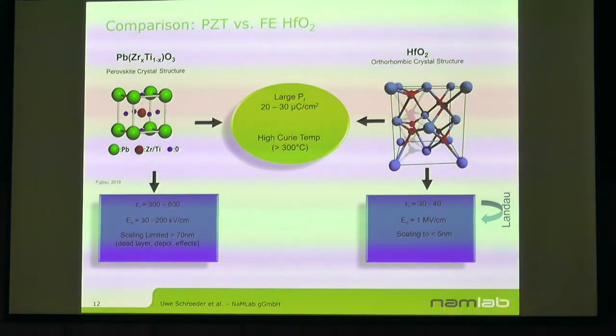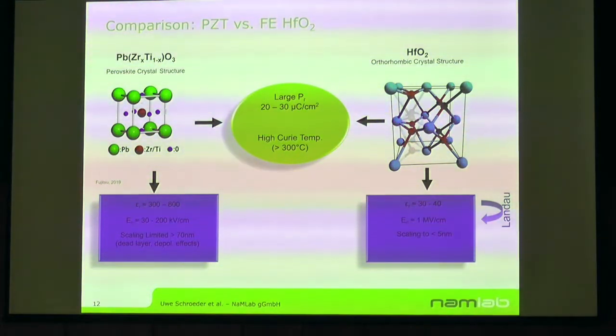In hafnium oxide, we have about 1 megavolt per centimeter, and this is rather like 200 or 100 kilovolt per centimeter. And from the scaling, the PZT layers typically can be scaled down to 70 nanometer and below. You'll find dead layer effects resulting in depolarization effects of the material. In the hafnium case, ferroelectric properties have been shown down to 5 nanometer and even below.